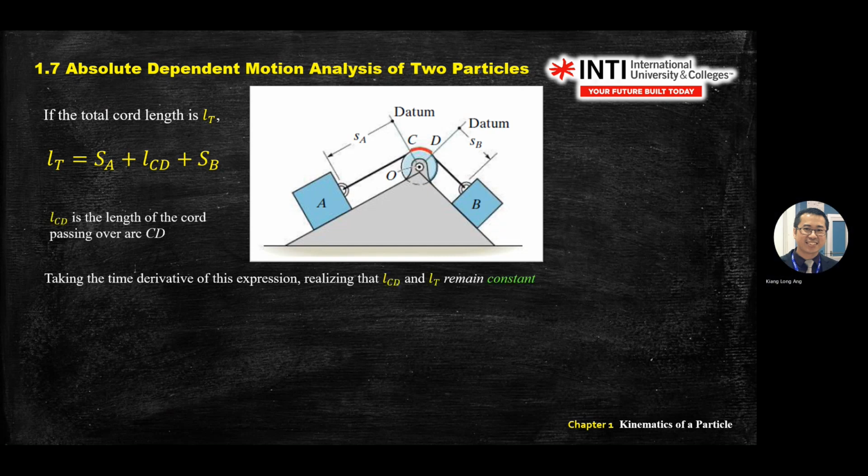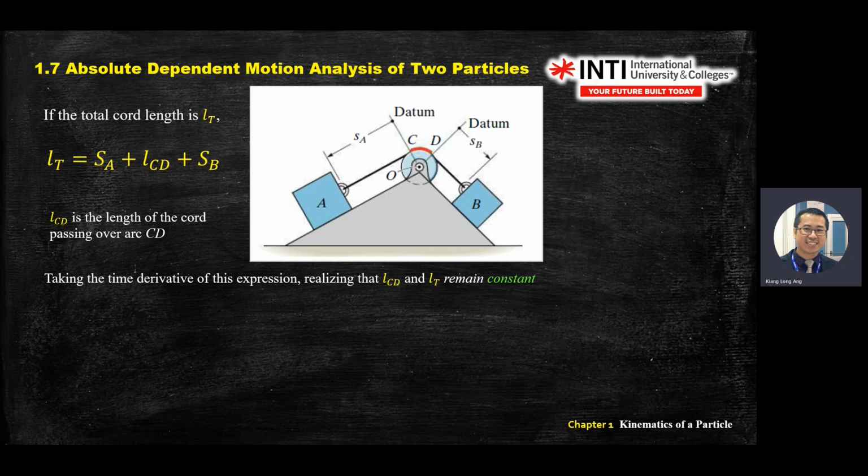Then you are interested in velocity. When you pull this, how fast does the other move? So we deal with velocity. Position, how do you get velocity? You differentiate the position with time.